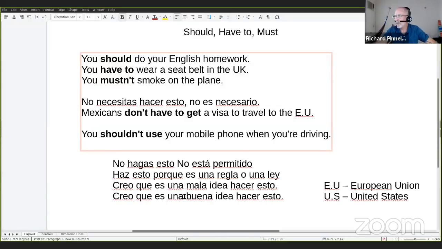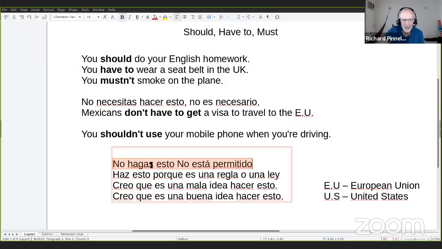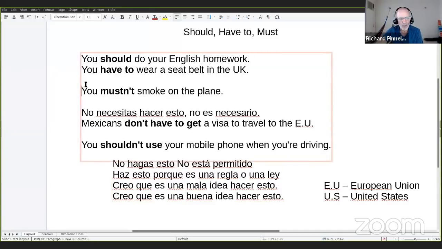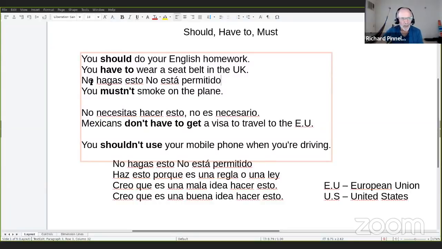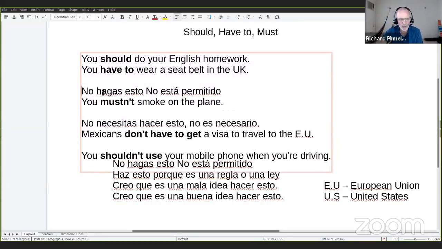Tengo muchas personas aquí. Tengo Ingrid, Israel, Lisbeth, Nancy, and Ricardo en la conferencia hoy. Yeah, you mustn't. Cuando una cosa está prohibido, usamos must not, o mustn't. So vamos a separar esos.